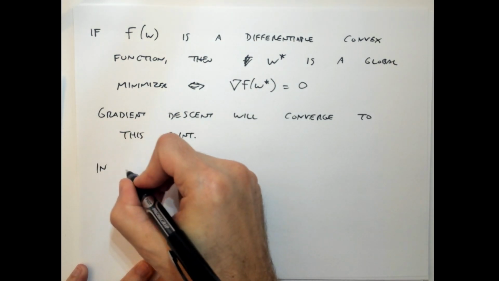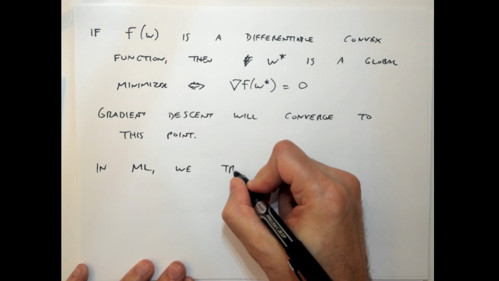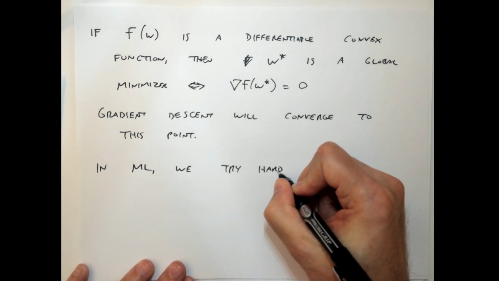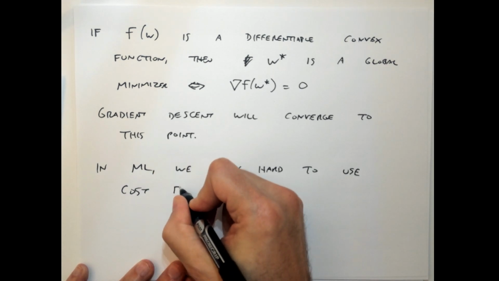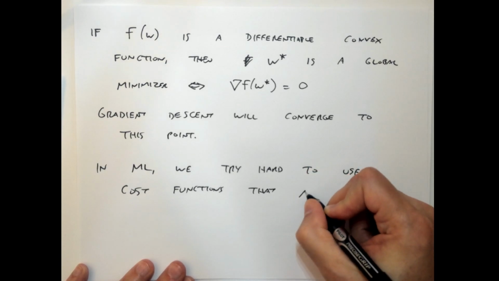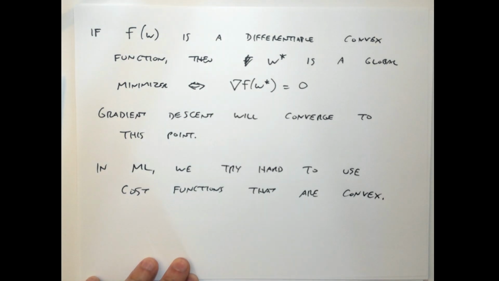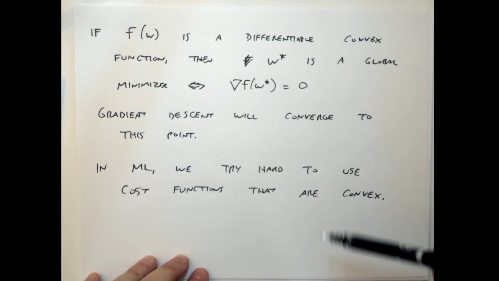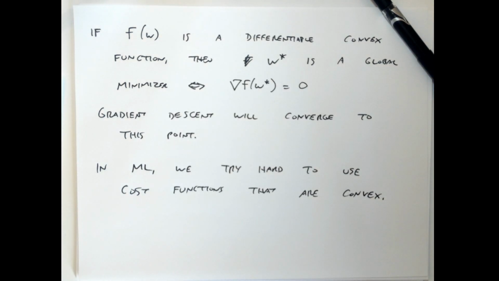So in machine learning, we try hard to use cost functions that are convex, okay? Luckily, convex functions satisfy many of the nice properties you'd like.